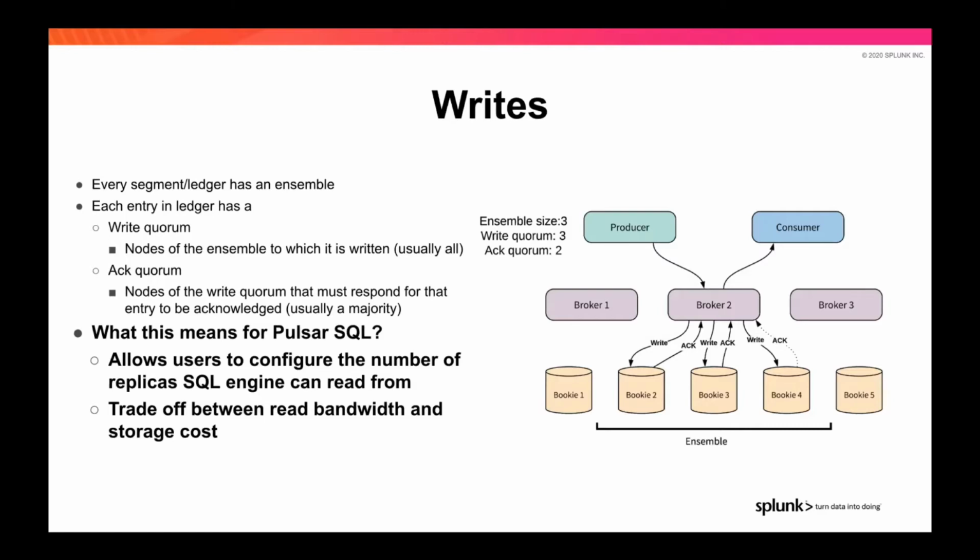You can leverage this if you also want to query the data in the storage layer. As you can imagine, if you increase the number of replicas for a specific topic or a set of topics, sure, you might pay the cost of more storage, but when you're reading them out, you can leverage more bookies or more machines and achieve higher read throughput, especially when your SQL engine is reading the data.